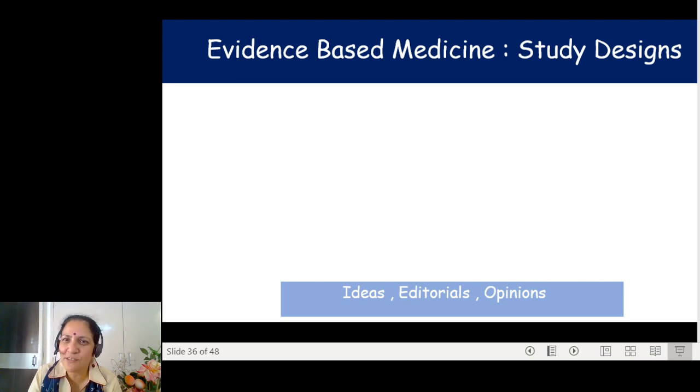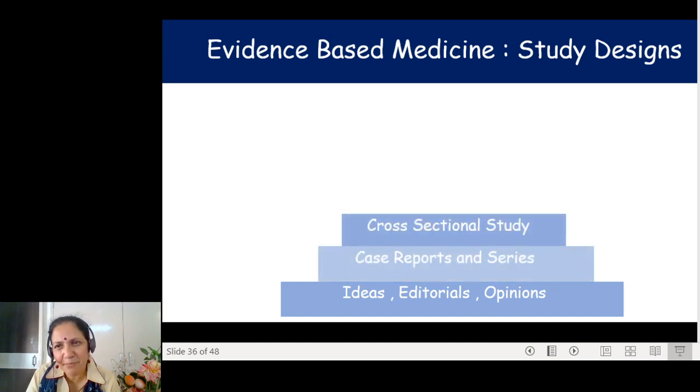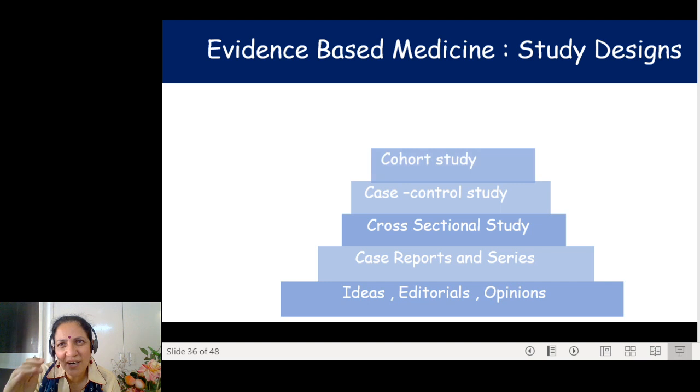Lots of editorials and opinions are coming. After that are case reports and case series. Higher up is the cross-sectional study. Still higher are the case-control study, the cohort study, and the randomized controlled study, which is considered to be the gold standard.